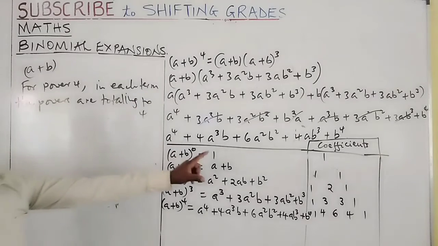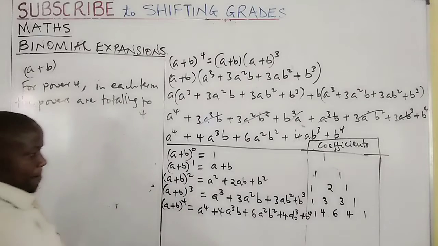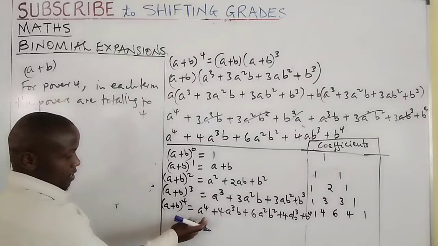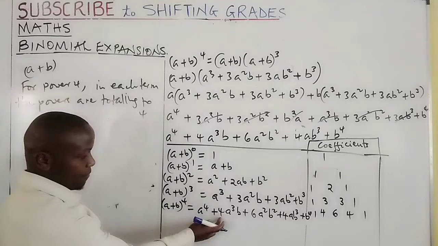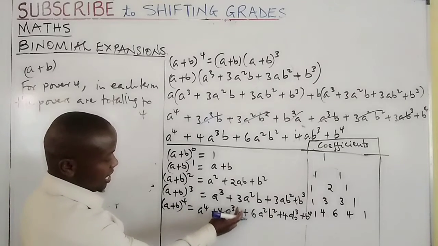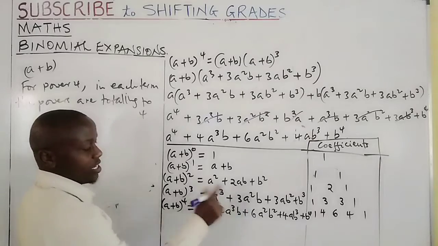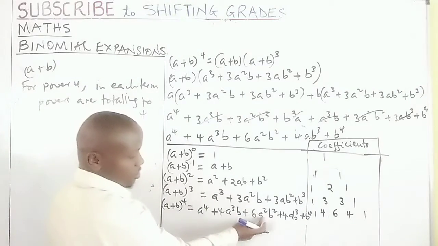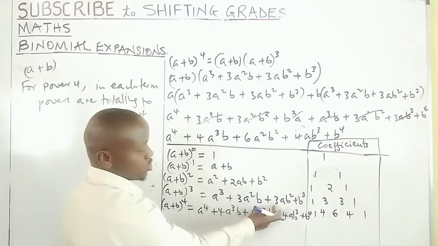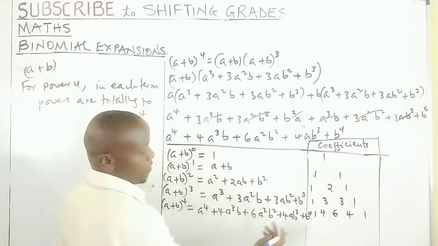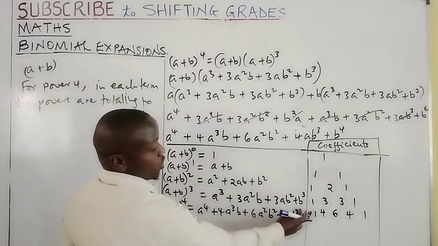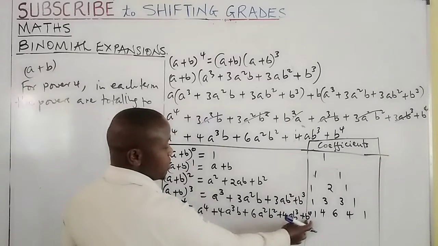For 3 to be totaling to 3. Like in this term, we have a power 4, so the power is 4. In this term, we have a power 3 and b power 1, so 1 plus 3, we get 4. A is power 2 and b power 2, so 2, 2, totaling to 4. And b power 3, totaling to power 4, which is 4.